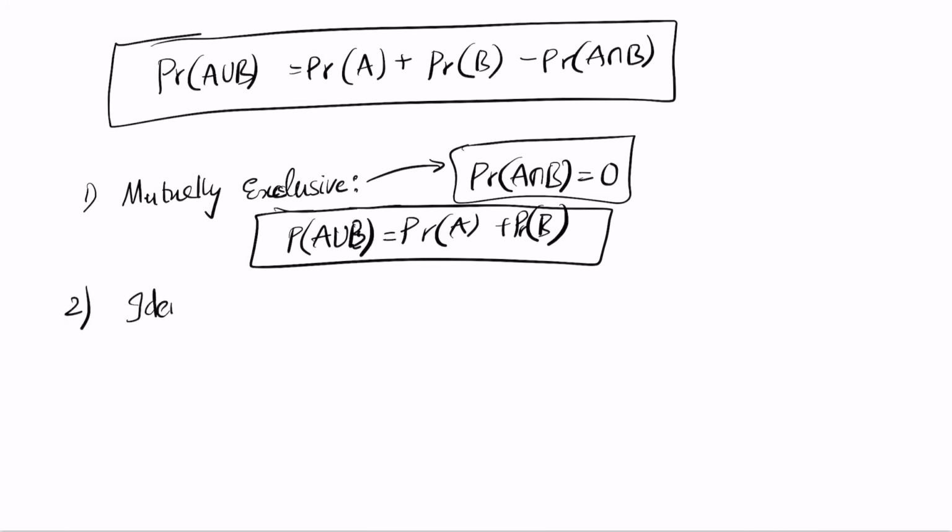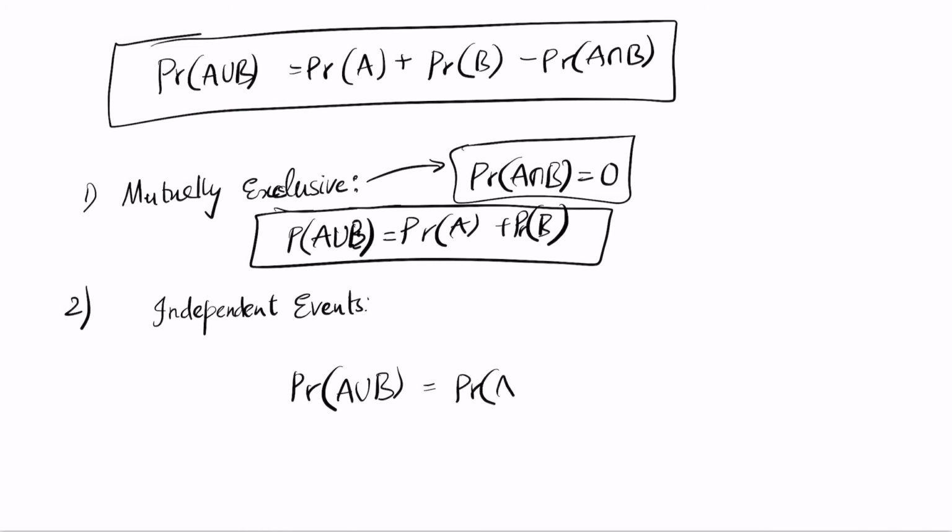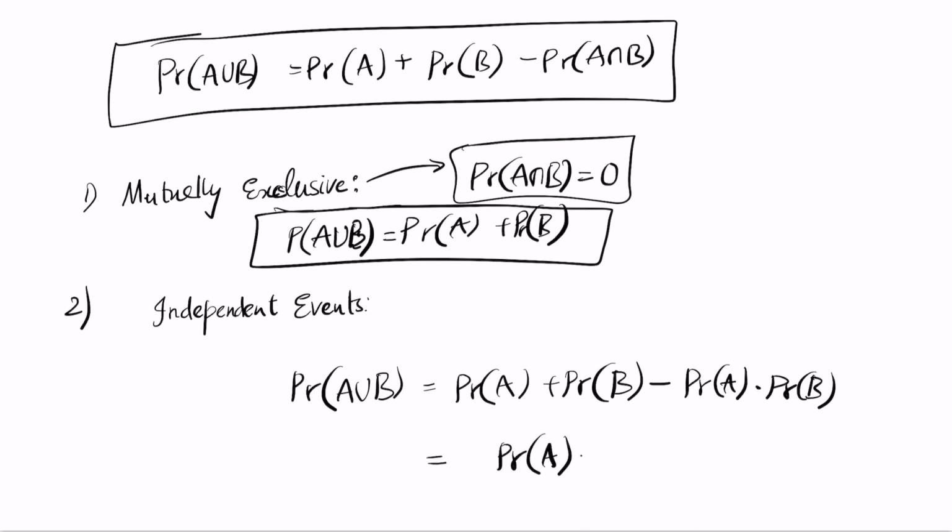Second, if you have independent events, then the probability of A union B is going to be the probability of A plus the probability of B minus the probability of A times the probability of B. When we write this, we can also write it as the probability of A plus the probability of B times (1 minus the probability of A).